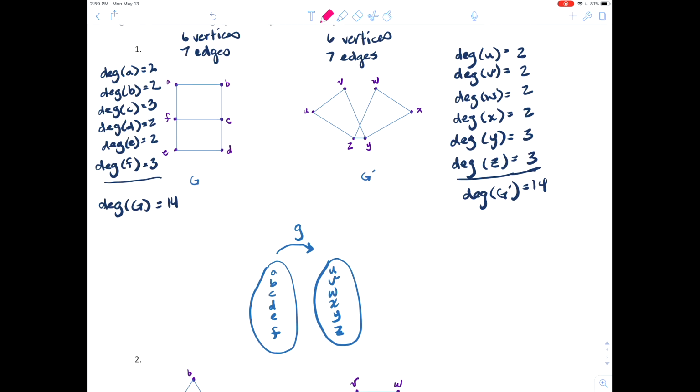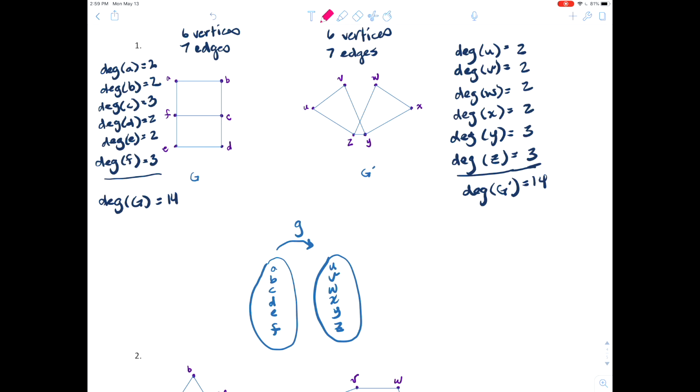So A has a degree of 2, and we need to figure out which ones can correspond to other ones. A has a degree of 2 and U has a degree of 2, so potentially A could correspond to U. B has a degree of 2 and V has a degree of 2, so I'm thinking those might work out.